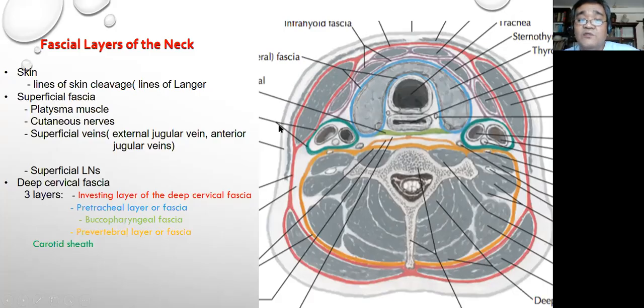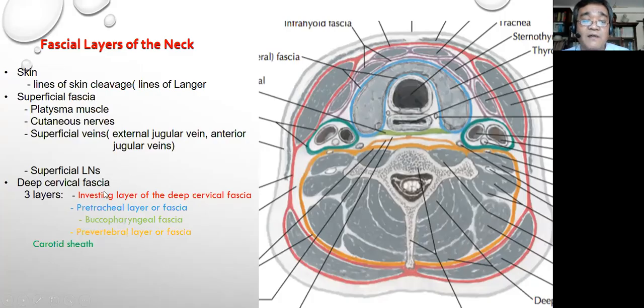Now, next to your superficial fascia, of course, is your deep cervical fascia. Okay. But the deep cervical fascia in the neck is further subdivided into 3 layers. Let's go first to the first layer.